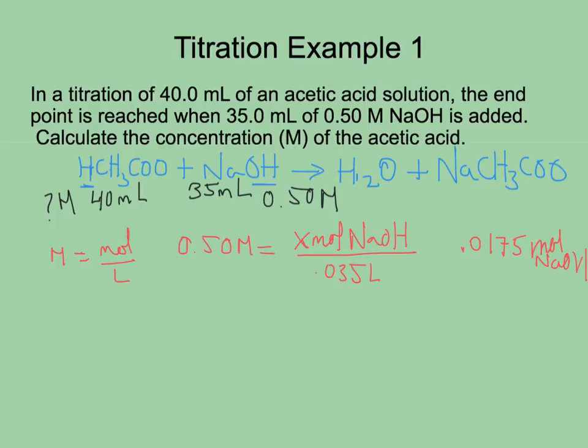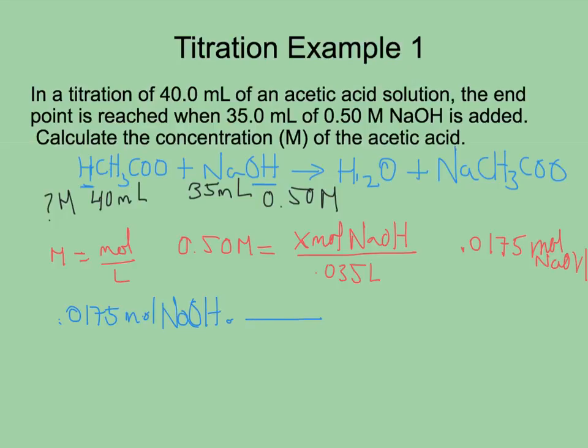Next is to find moles of the substance we're interested in. So our next step would be to find moles of the acetic acid. So we have 0.0175 moles of NaOH.